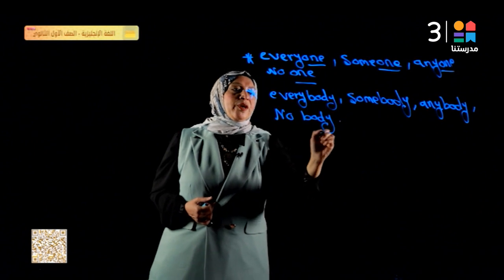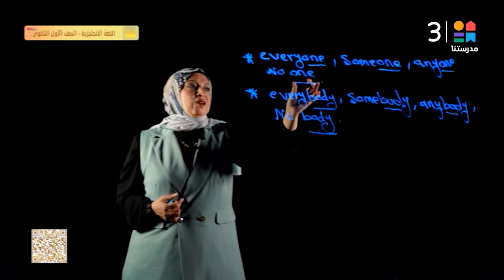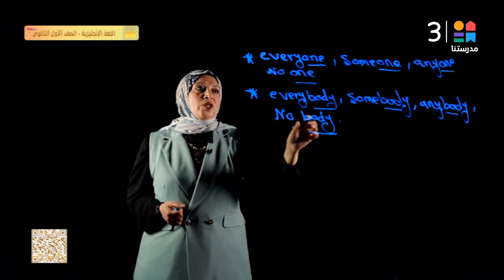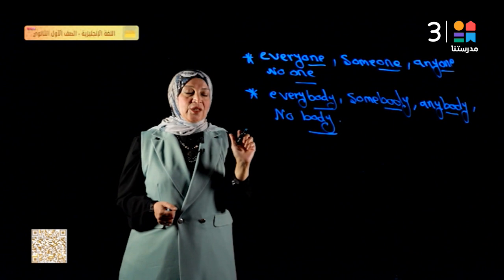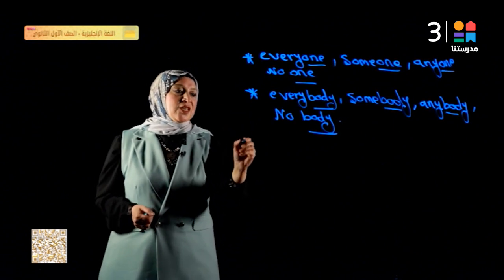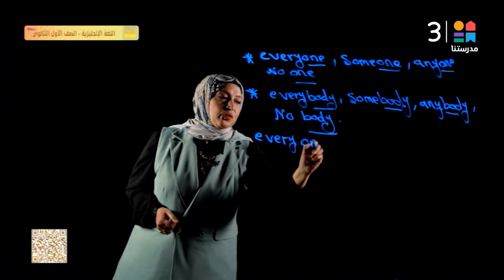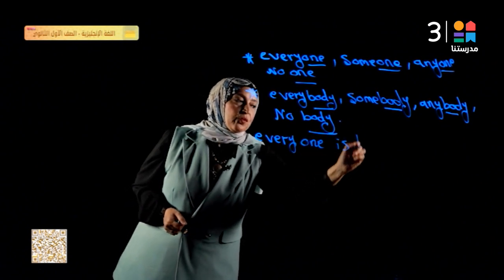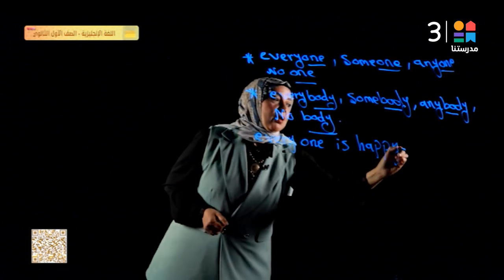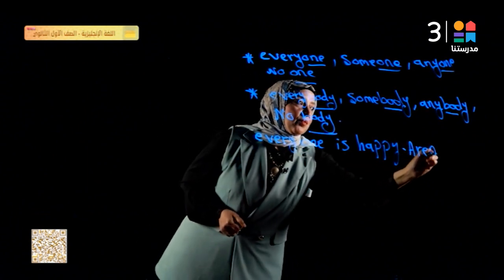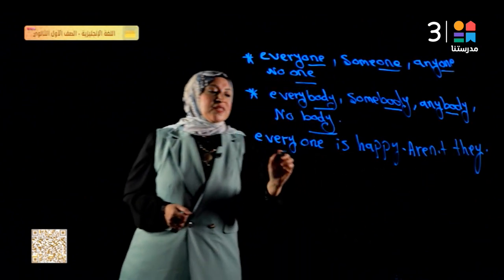So when we talk about these words which end with the suffix body or one, these words are treated in a special way. For example, we can say everyone is happy, aren't they? Look at this sentence.